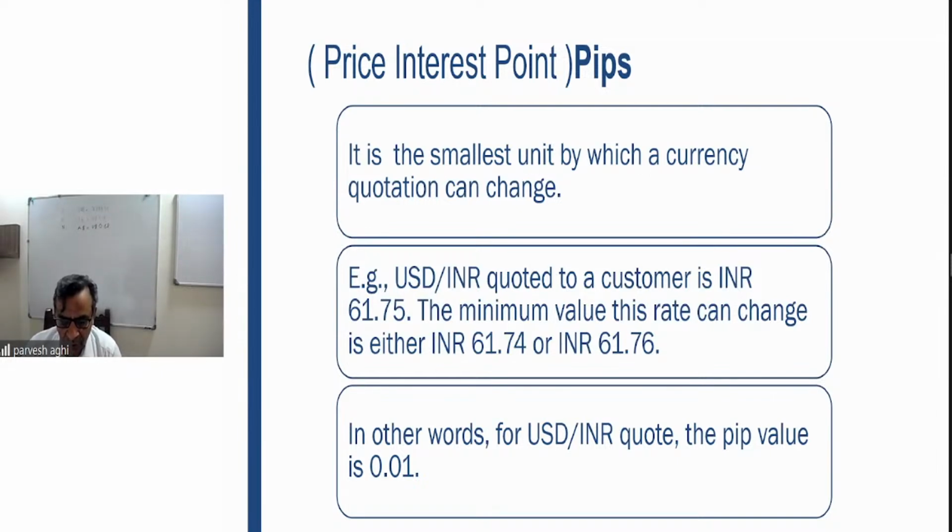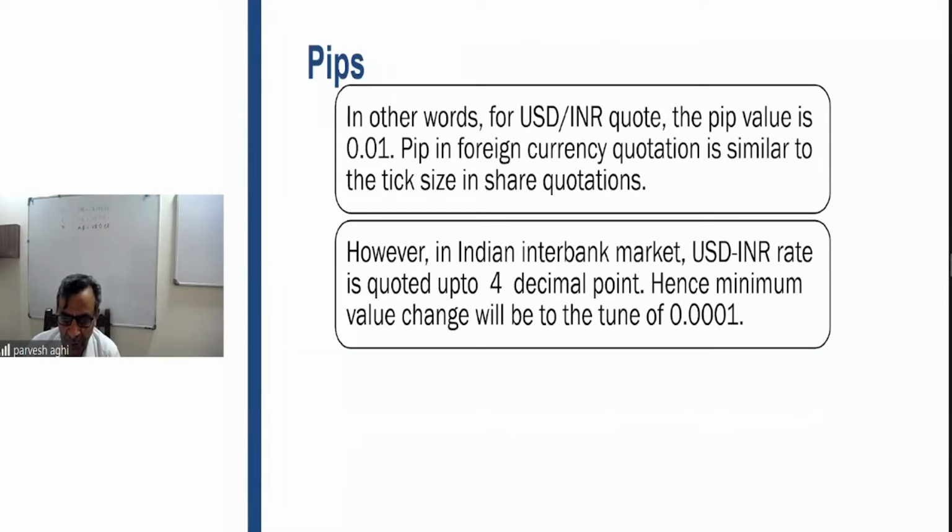In other words, in the USD INR quote, the pip value is 0.01, but normally it is up to 4 decimal places. Okay, so it is corrected here in my second slide. However, in the Indian interbank market the USD INR rate is quoted up to 4 decimal points. Hence, the minimum value change will be in the tune of 0.0001.